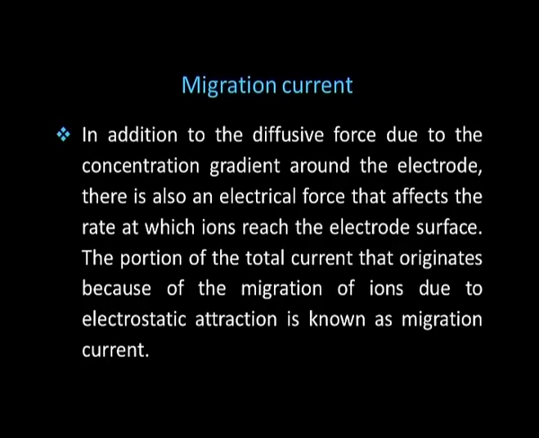In addition to the diffusive force due to the concentration gradient around the electrode, there is also an electrical force which affects the rate at which ions reach the electrode surface. The portion of the total current that originates because of the migration of the ions due to electrostatic attraction is known as migration current.